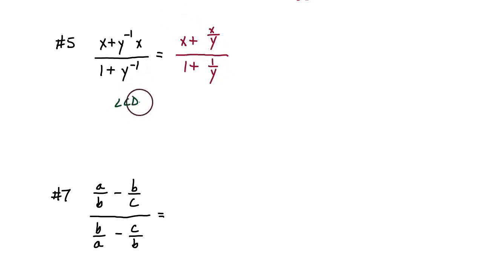The lowest common denominator is y. So we times this by y, times this by y, times this one by y, and times this one by y. This makes xy, plus this y and this y cancels away, leaving an x.